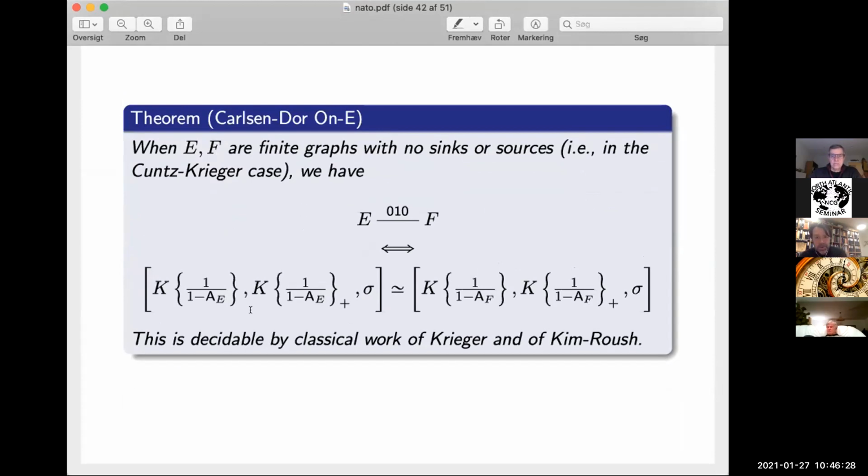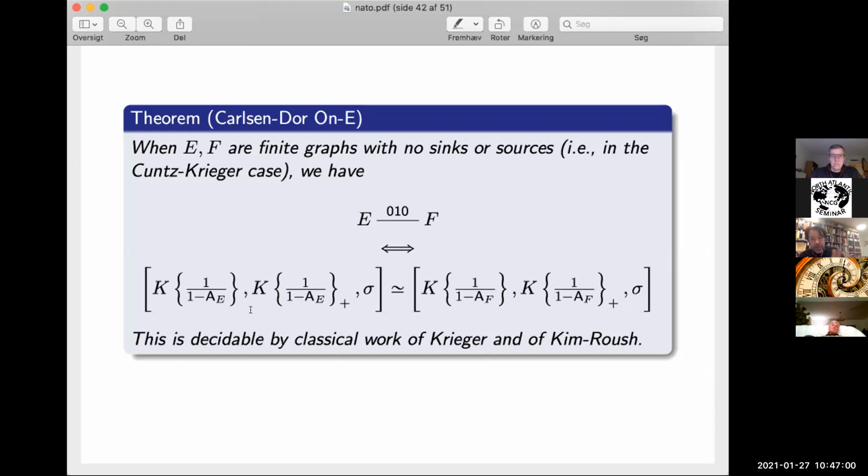This is a famous result of Krieger that says that if you want to understand shift equivalence of shifts of finite type, you can recast that by looking at a certain dimension group. That's the dimension group that I showed you at the very beginning. This is one that comes from a stationary system, but you look not only at that, but also at a certain shift map, which is natural here. And so you can recast this question as a question in dimension groups.